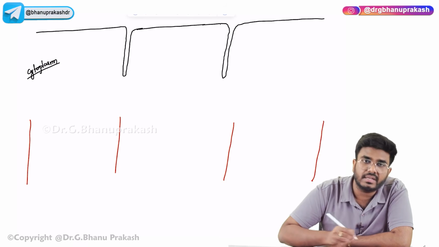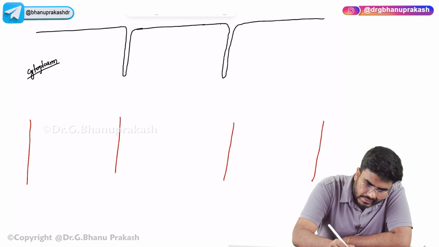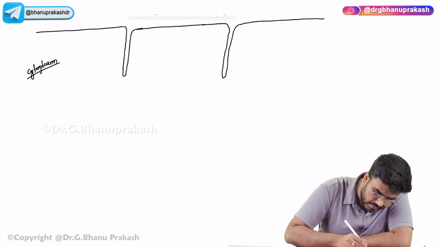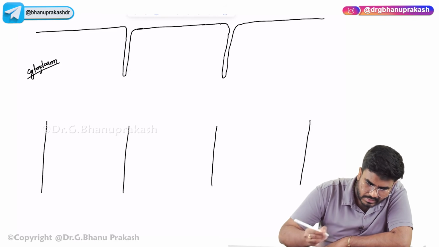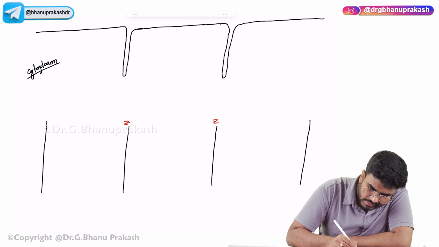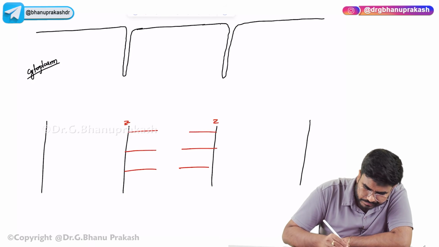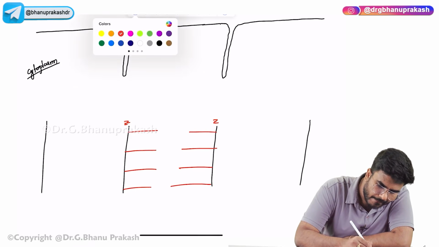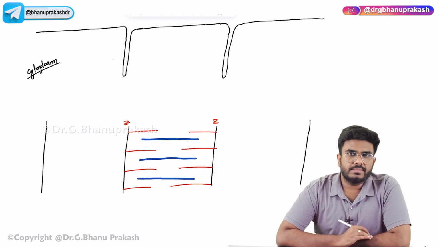Let me draw the Z lines in black color. So here is one Z line, this is one Z line. I am talking about one sarcomere. These are the actin filaments. In the center, what do you have? Myosin filaments, thick filaments. Okay, so like this.